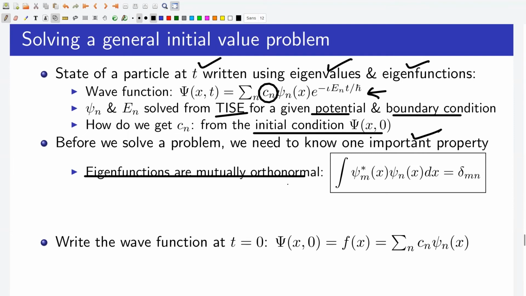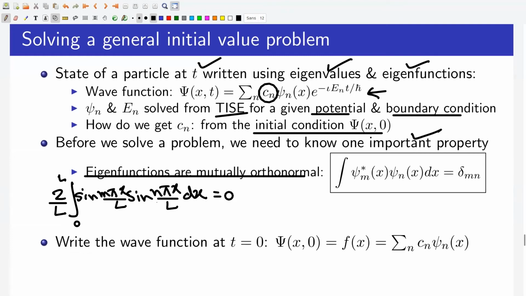So this implies that if we take two different eigenfunctions and then calculate this integral from 0 to L of sin(m pi x by L) sin(n pi x by L) dx, that will turn out to be equal to 0 because m is not equal to n.